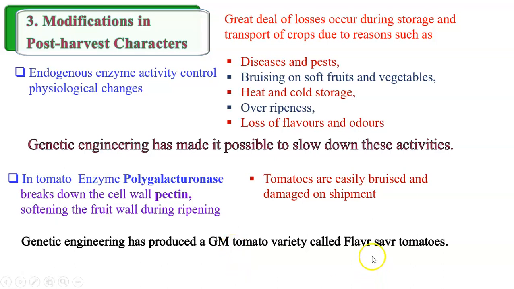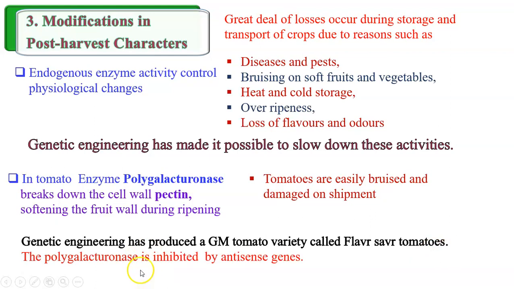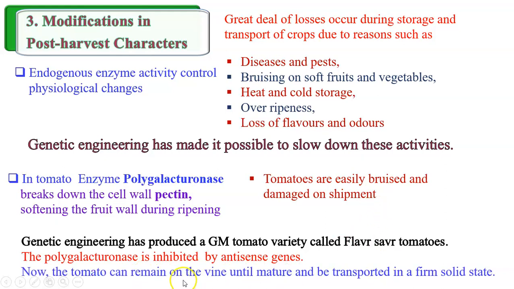It is called flavor saver tomatoes. And due to that, the polygalacturonase is inhibited by antisense genes and tomatoes can remain on vine or during storage also they remain intact and can be transported in firm solid state. Thus, the transgenic plants have improved in post-harvest characters.